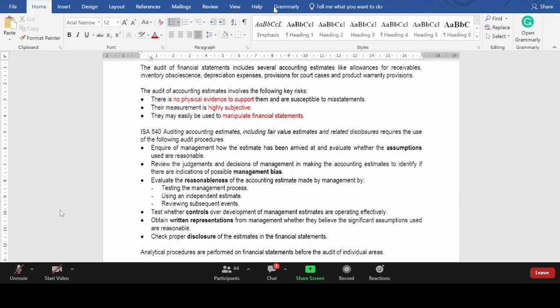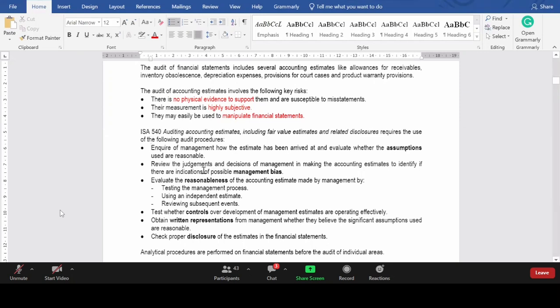So what do we do? The first test we do, remember we have audit tests. You remember them: analytical procedures, we have inquiries, we have inspections, we have external confirmations, and others. So one of them is inquiry. We can inquire from management.